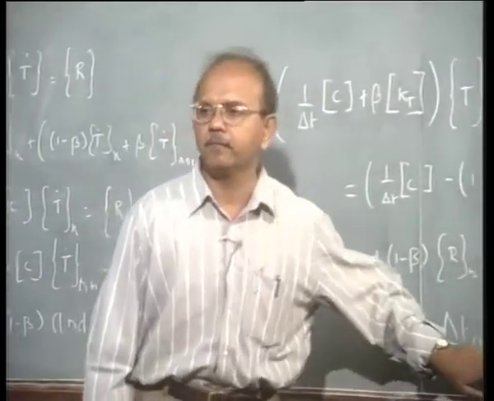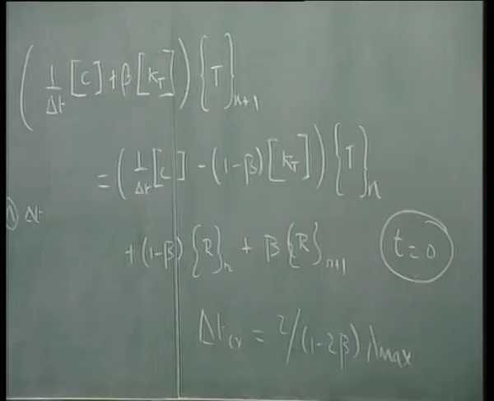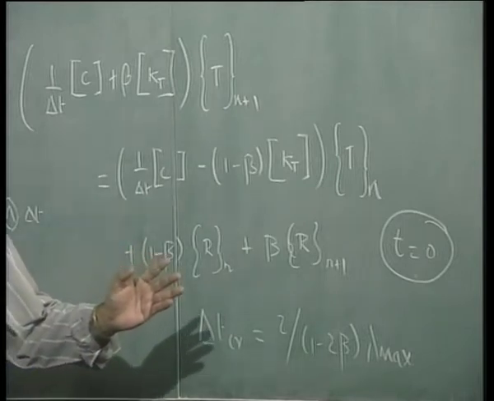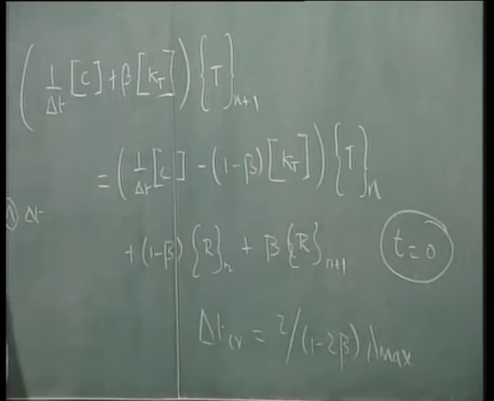The critical delta t is given by this equation, where lambda max is the maximum eigenvalue of the problem k t into T equal to lambda c t, or in other words, you treat k and c like m and k, and then you can write that as an eigenvalue problem. Let us not worry about the eigenvalue problem right now.